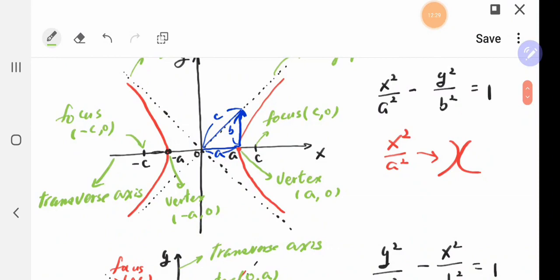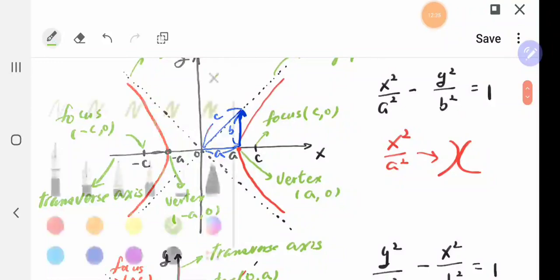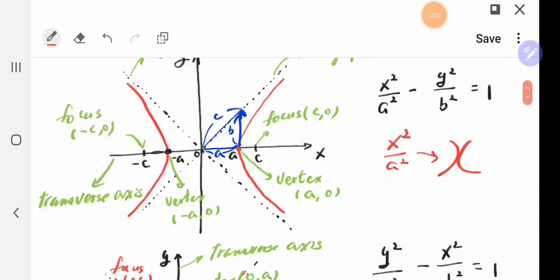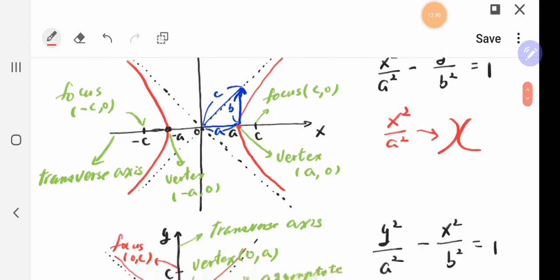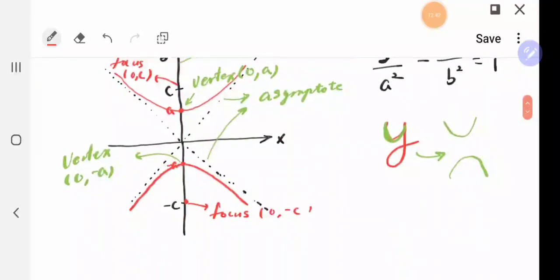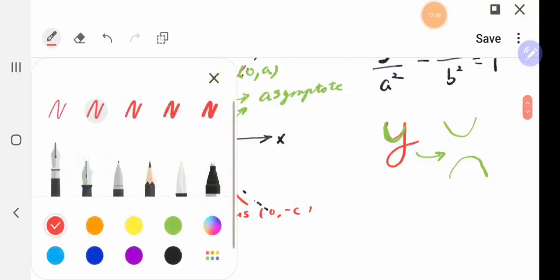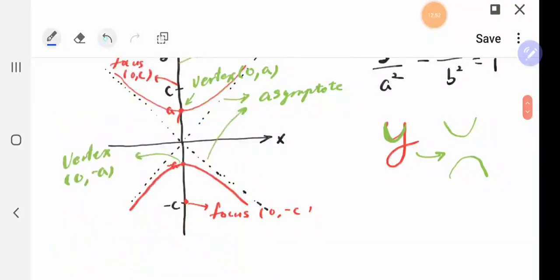Okay, then from here, c, the focus, is really important. So let me write the formula for finding the focus. We can draw a right triangle. This side will be a, this will be b, and this is c.